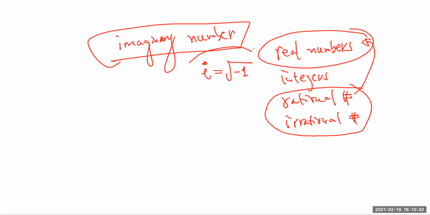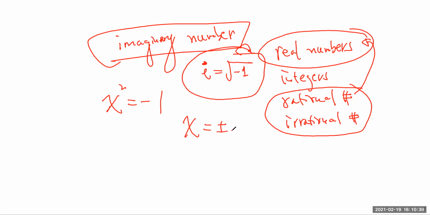When they first found this, it was just curiosity: what if x squared equals -1, does it have a solution? What would the square root of -1 be then? That will be i. That's what we use.